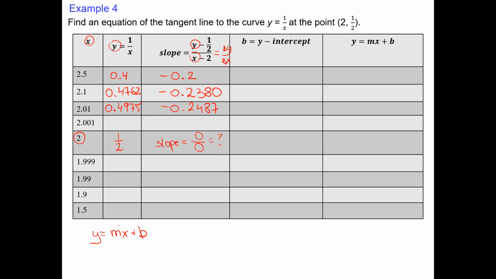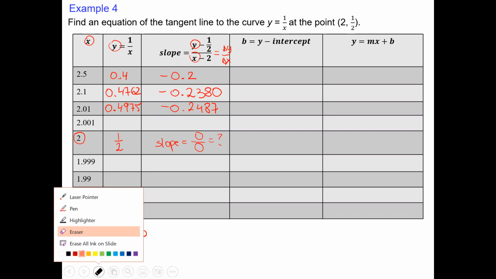But when we think about the slope intercept, for instance, we know the point is (2, 1/2).